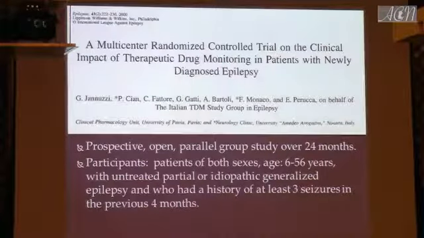It was a prospective open parallel group study over 24 months, and the participants were patients aged 6 to 56. So they were pediatric patients, there were also geriatric patients, with untreated partial or idiopathic generalized epilepsy and who had a history of at least 3 seizures in the previous 4 months.